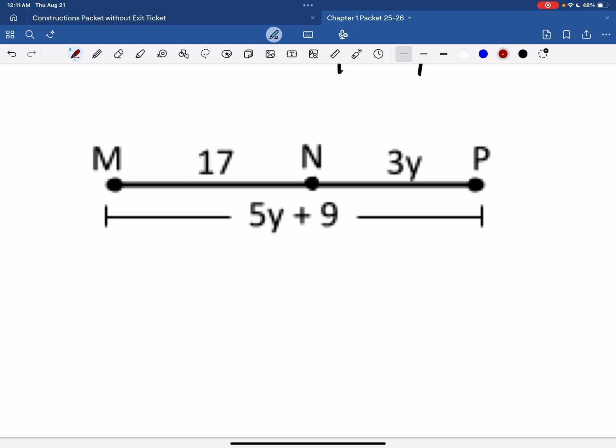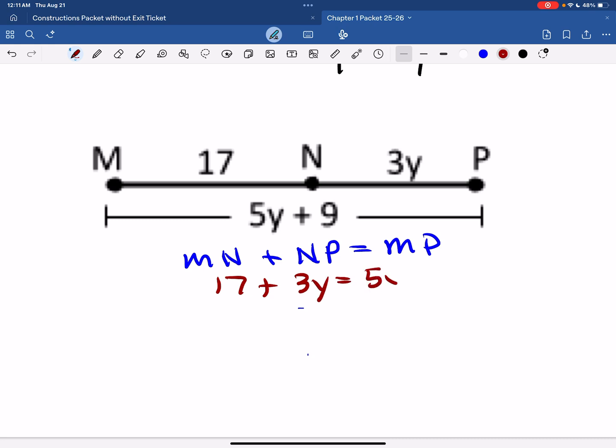All right, so what equation can you write? You should have written MN plus NP is equal to MP. So we get 17 plus 3y equals 5y plus 9.